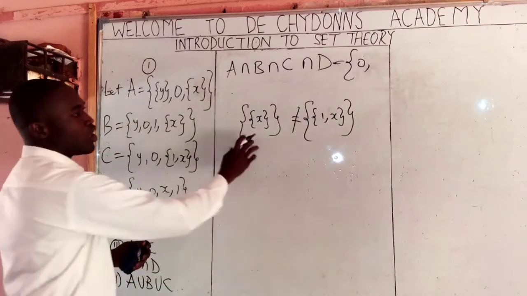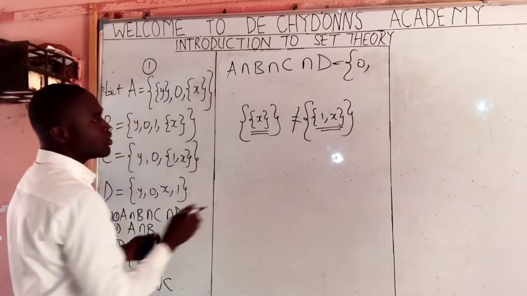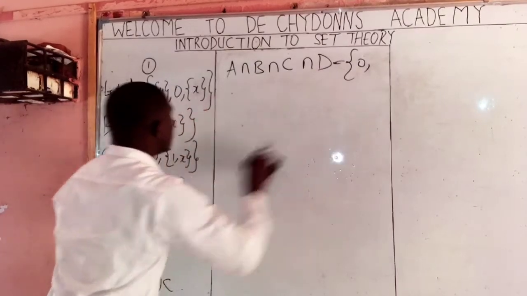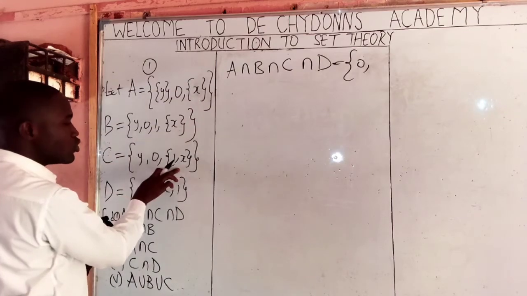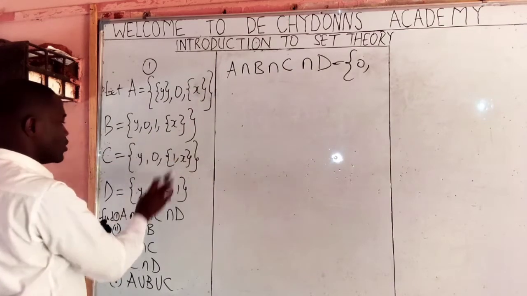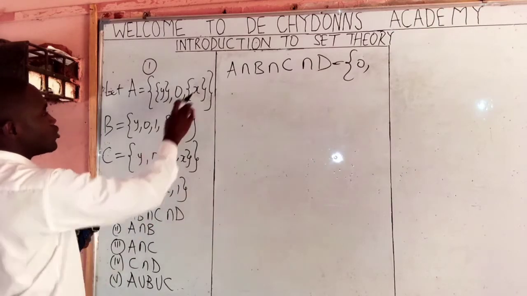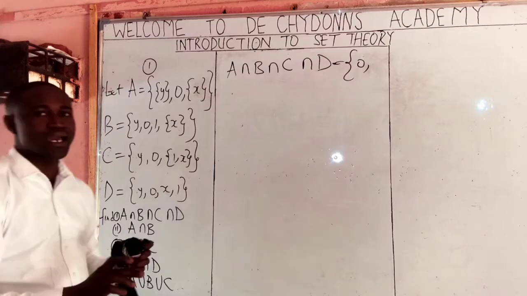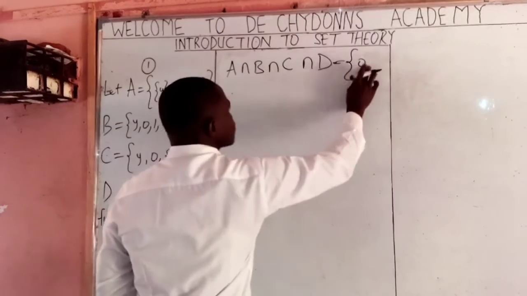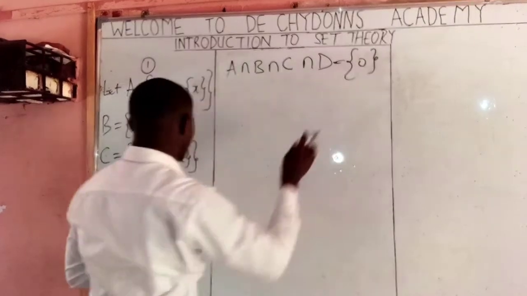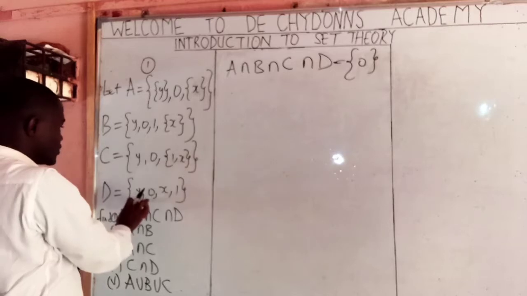So S in curly bracket, this one, no, because it has 1. This one, no, because no curly bracket. So they do not have S in curly bracket as a common element. What they have as a common element is only 0, because this is 0, 0, 0, 0.